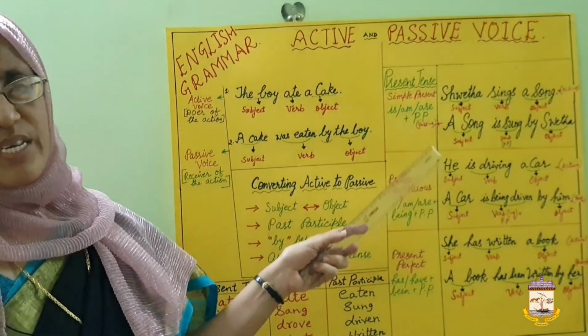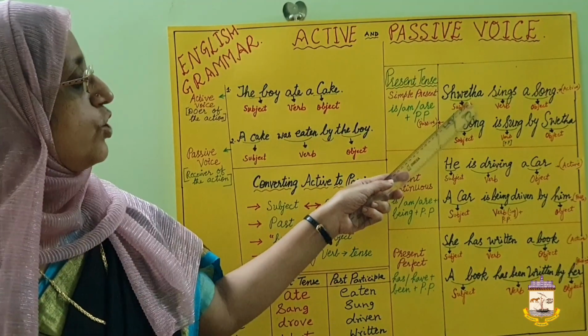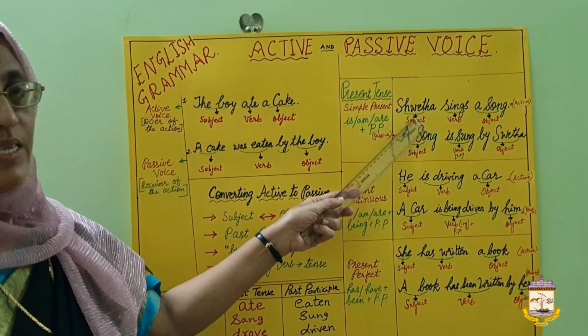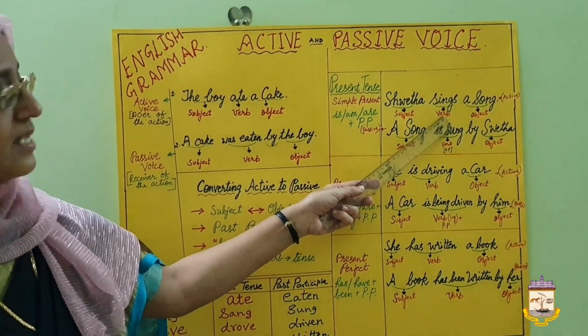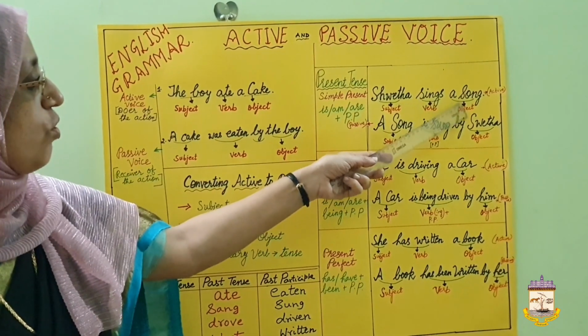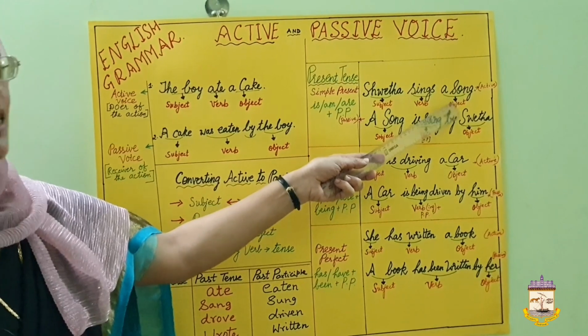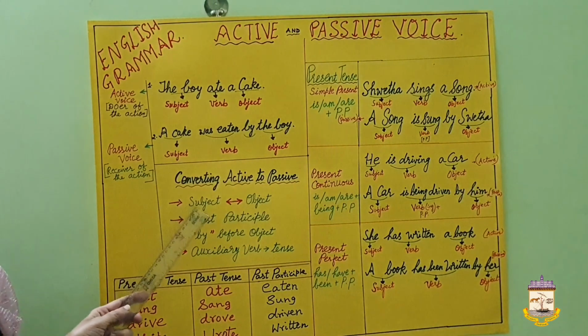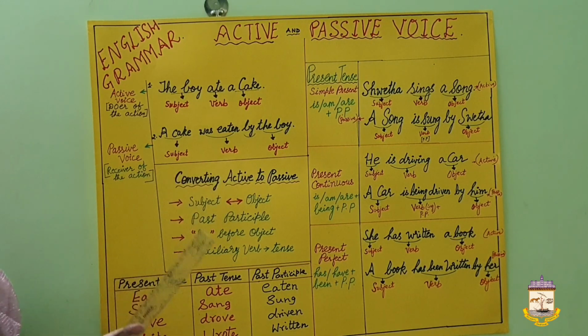Now look at this very simple example I have taken. Shweta sings a song. In this sentence, Shweta is the subject, sings is the verb, and what is she singing? She is singing a song. So song is the object here. Now changing it into passive, what are the rules to be followed? The subject and object will change places.